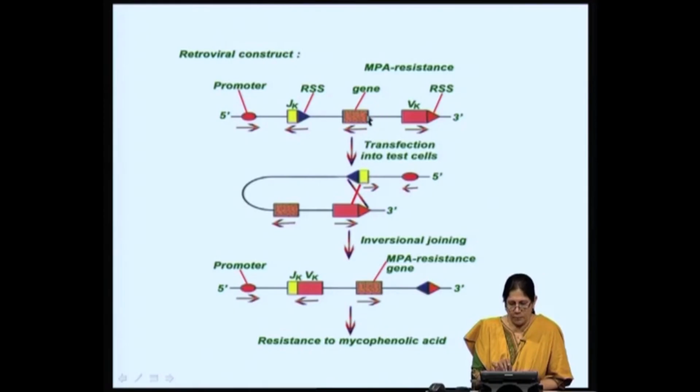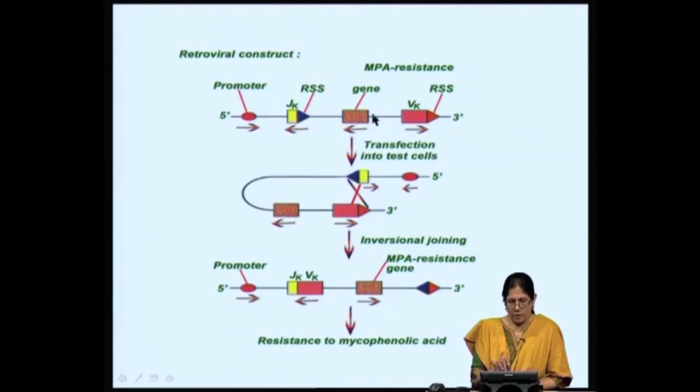Now, the gene is placed between J kappa RSS and V kappa RSS. Now, I just described earlier the joining of D and J, but the same thing would happen in case of V and J as happens in the kappa light chain.